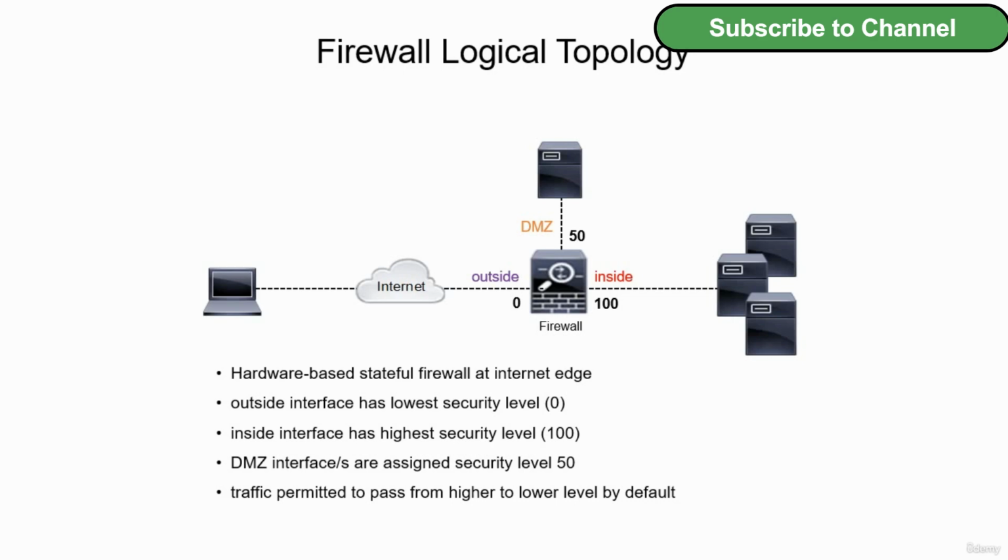ACLs work differently. A stateless ACL, an access control list, will let everything in through a router interface unless you tell it it's not permitted. So the architectures are quite different, and that's something to keep in mind. The inside interface is 100. This is a Cisco firewall example, and that's the highest level.